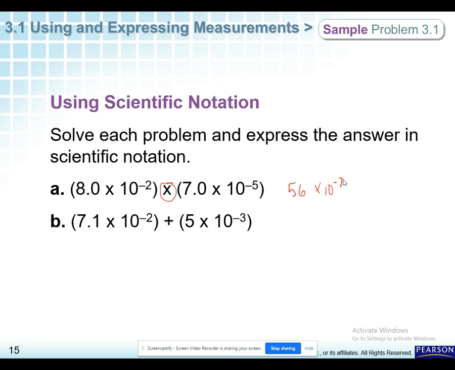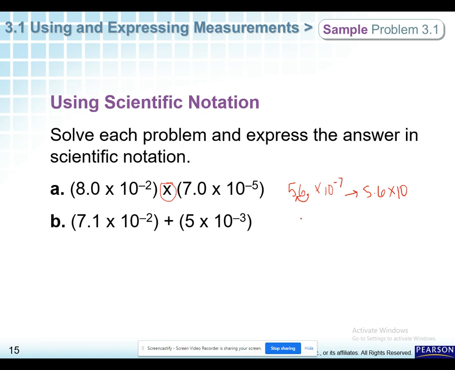Then you have to ask yourself, is this in proper scientific notation? And if you said no, your answer is correct. And it's because your decimal is right here. This number is not between 1 and 10. So in order to get a number between 1 and 10, I have to move my decimal to the left, which gets me 5.6 times 10.